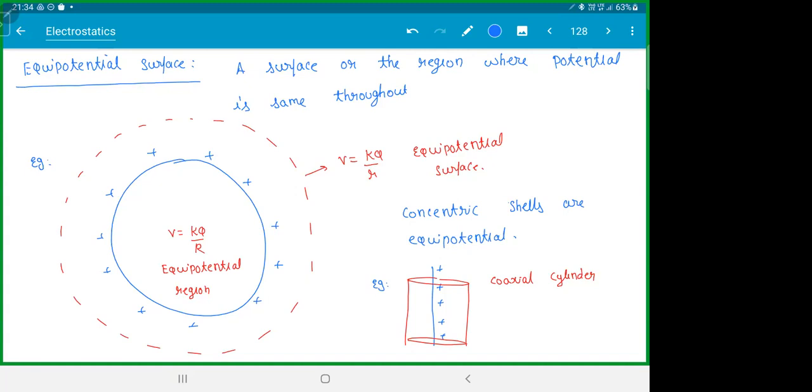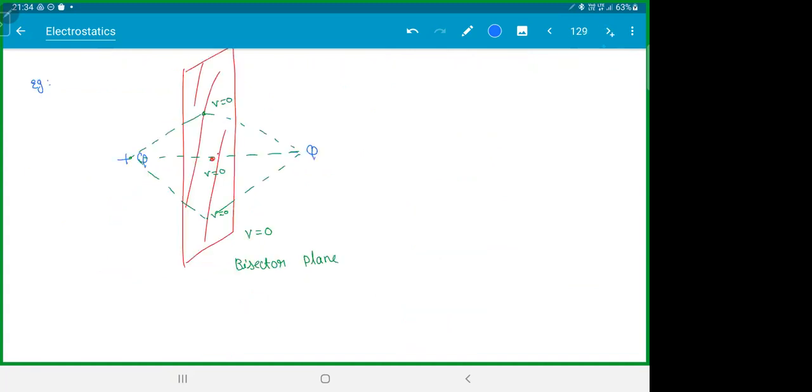Next thing. Properties of equipotential surface.